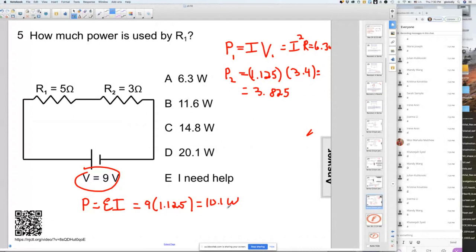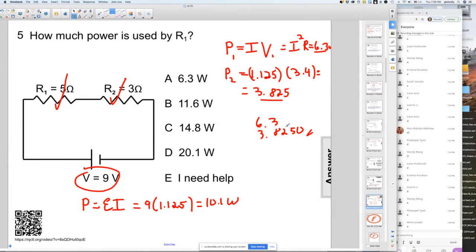So this power that's delivered by the battery is used up. Some of it goes to this guy, some of it goes to this guy. Here's the sum. But they all have to add up to this. So the 6.3, except for rounding off errors, plus 3.825 add up to 10.1.